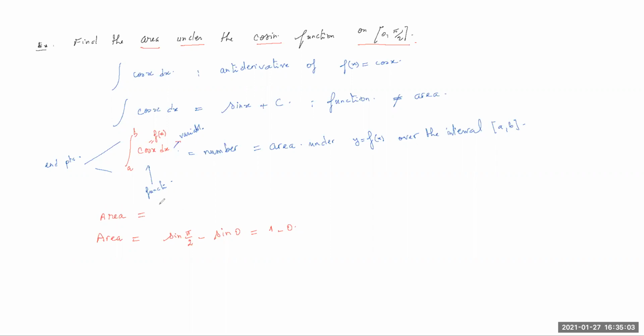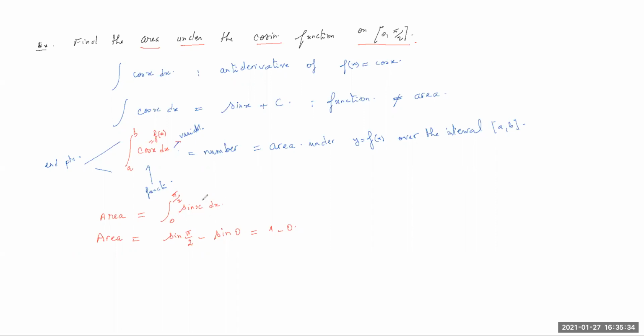How will you write the area? The integral of sine x with pi over 2 at the top and zero at the bottom?